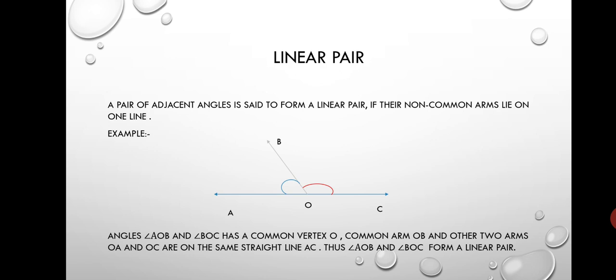If we look at this figure, the non-common arms are OA and OC, and they lie on one line, that is AC. So angle AOB and angle BOC form a linear pair.